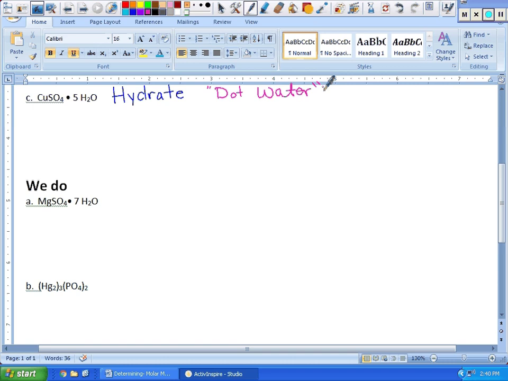All right, so let's figure out the molar mass of this compound, and then the percent composition. So there's just one small little additional step that we have to do, but it's very easy. So the first thing we're going to do is list the elements that are present. Now, for right now, completely ignore the water. Act like it's not even there. So how many elements are in the first part? 3.